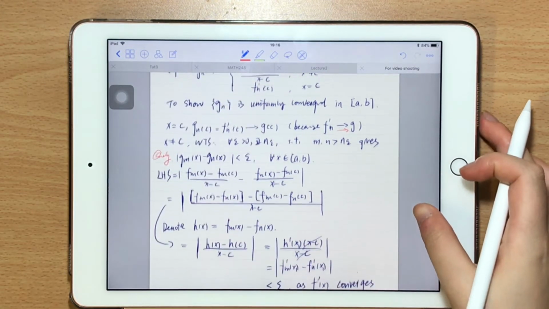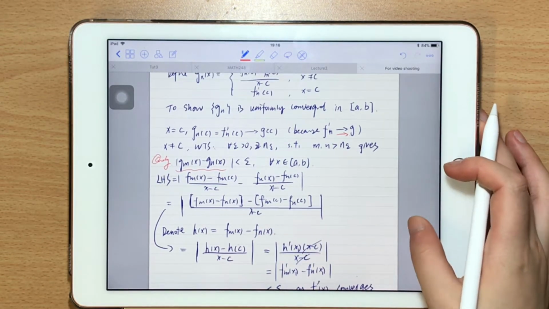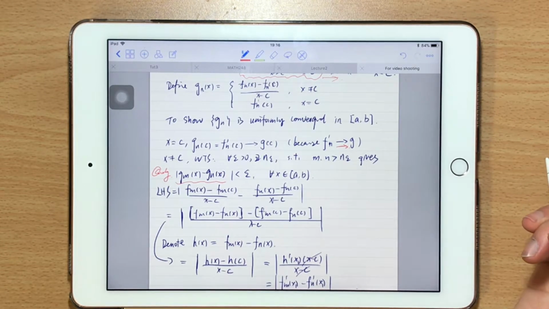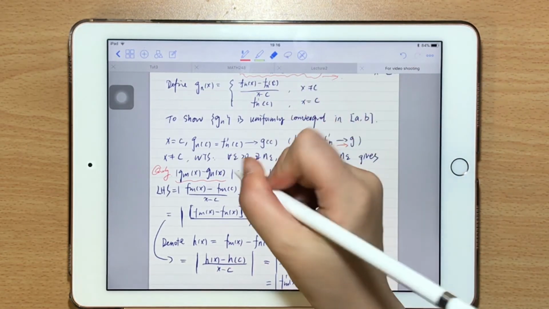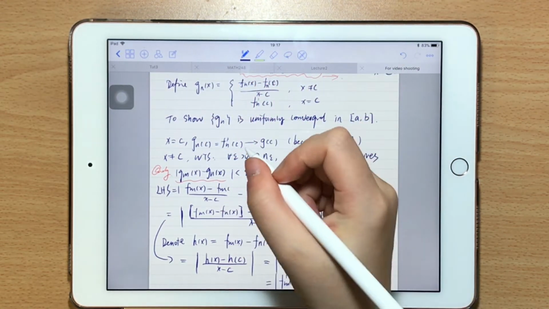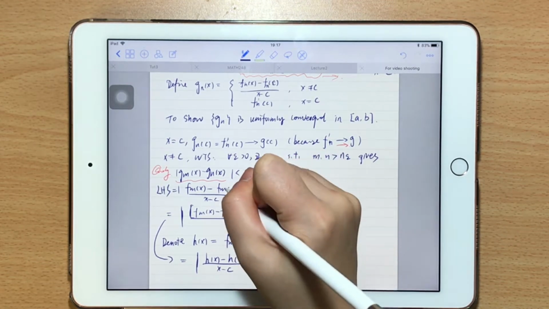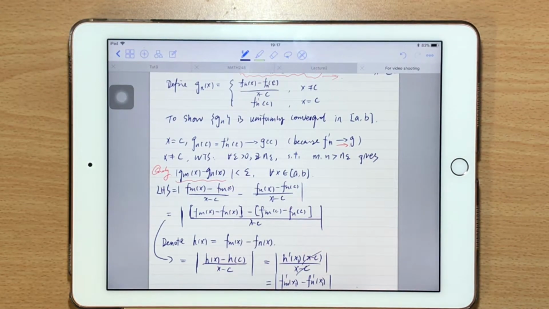So first of all, let's look at the left hand side. If we write it using how we define g_n(x), it will be (f_m(x) minus f_m(c)) over x minus c minus (f_n(x) minus f_n(c)) over x minus c, right?